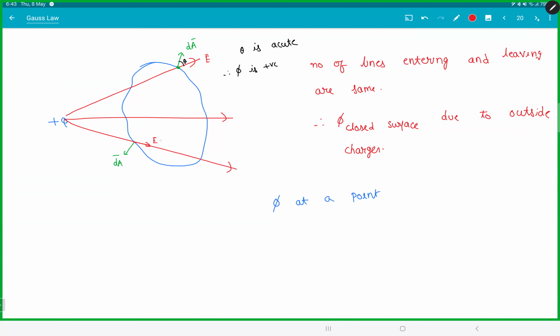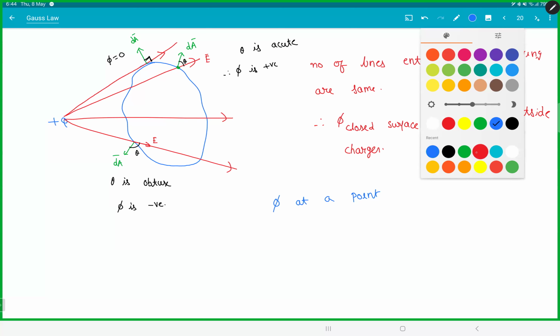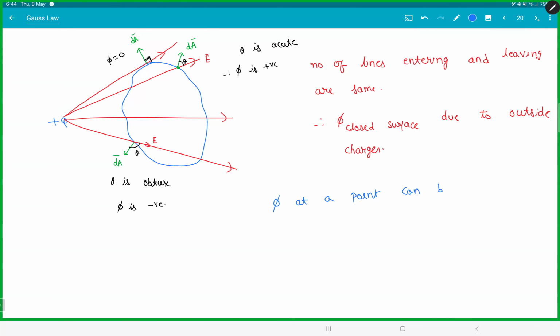This is the field vector. Here, this angle is obtuse. So when the lines are entering, flux is negative. When the lines are leaving, flux is positive. Total is zero. So here, flux is negative. You can even take a case where the line becomes a tangent. So when the line becomes a tangent, this angle becomes 90 degrees. So at this point, flux is zero. So flux at a point can be positive, negative, or zero.